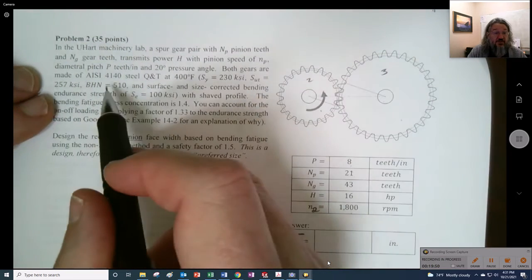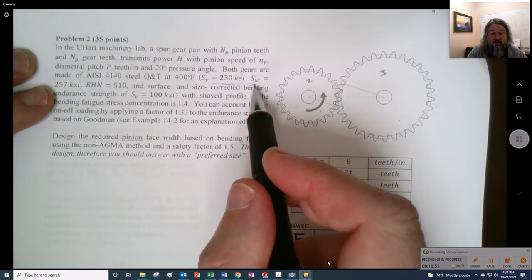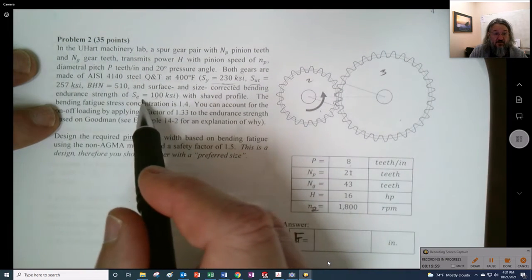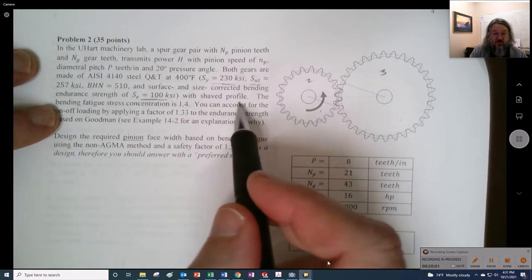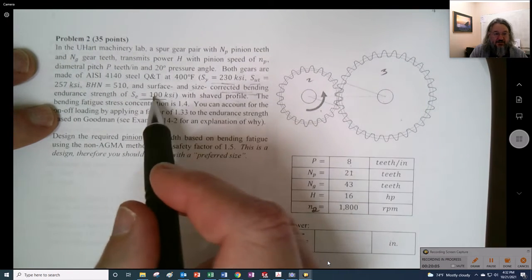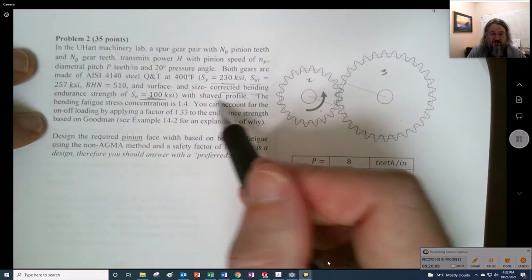Other things, both gears are made out of this steel, so I went ahead and gave you what all these different material properties are going to be. More importantly, I gave you the corrected surface and size corrected endurance strength with a shaved profile.